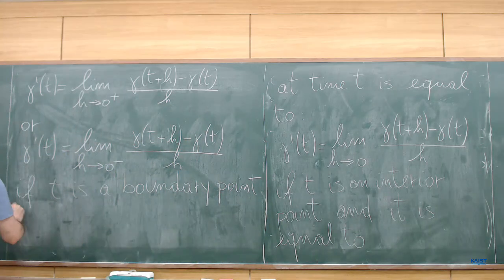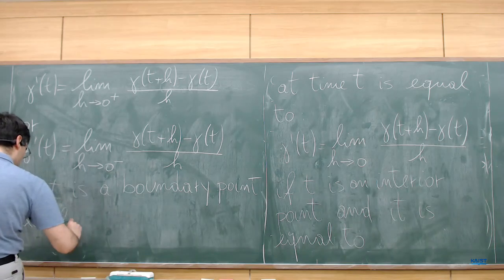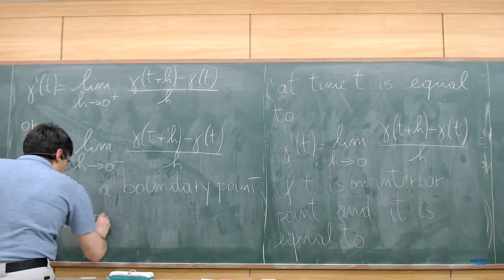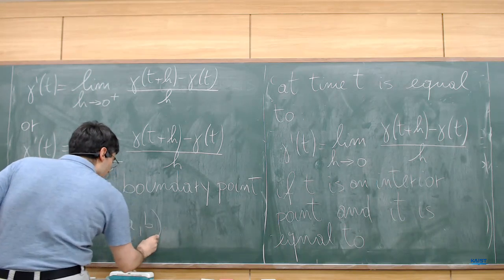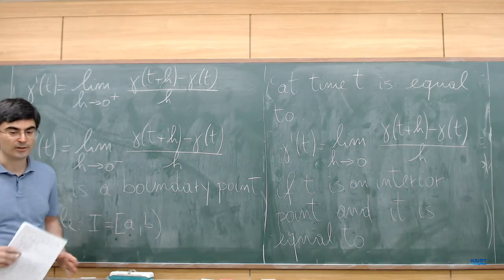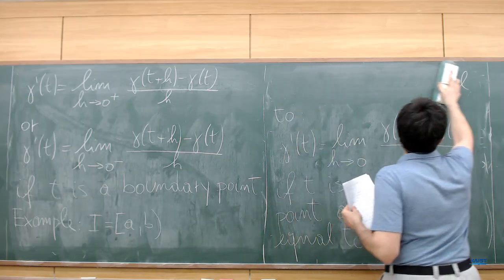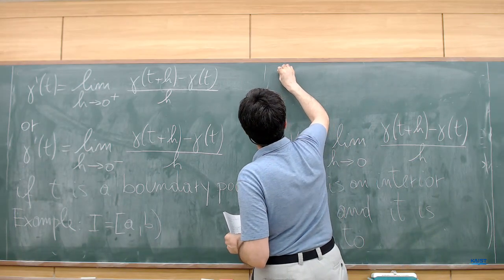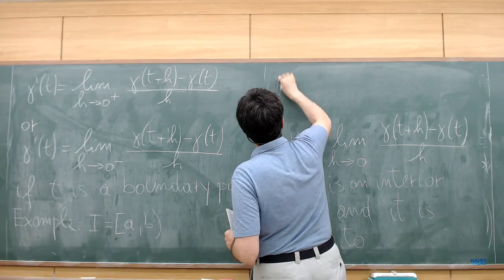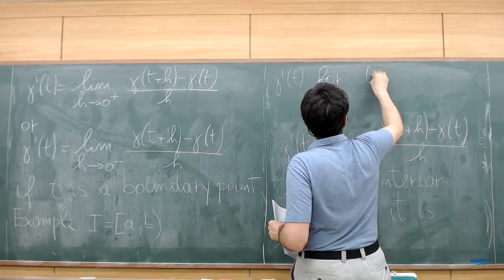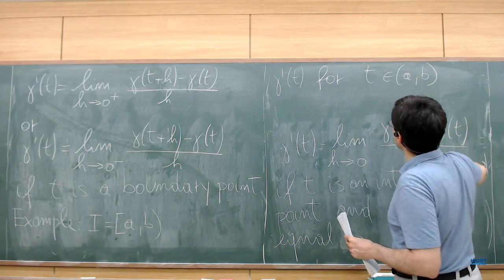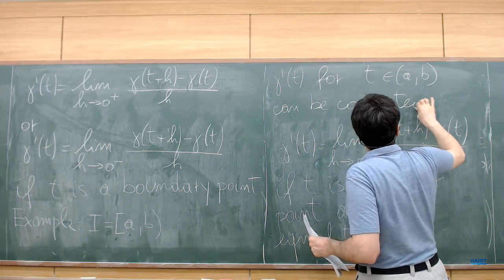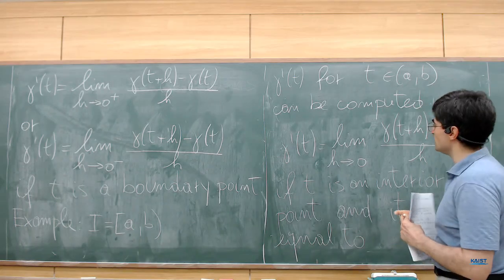So for example, let's consider the case where I is [a, b), closed on the left but open on the right. Then in this case, if you want to compute gamma prime of t for t in (a, b), it can be computed using this formula.